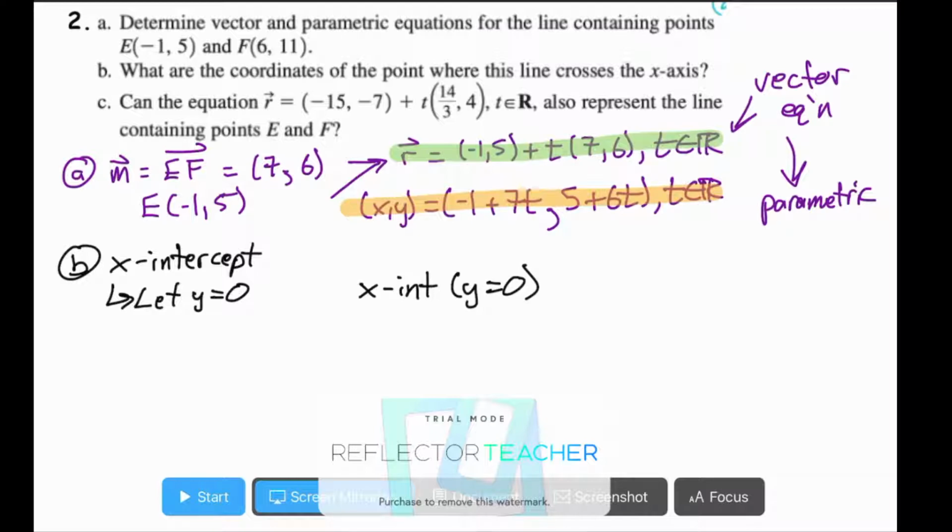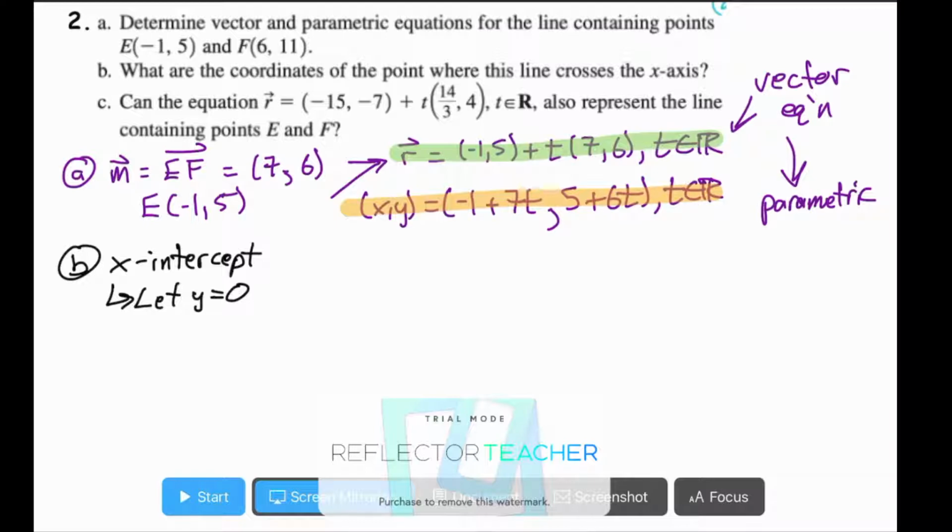Conceptually you understand, but sometimes you're busy and you forget, and you find the wrong thing. So I do find it helpful to be explicit and state that y equals 0 anytime I talk about the x-intercept.